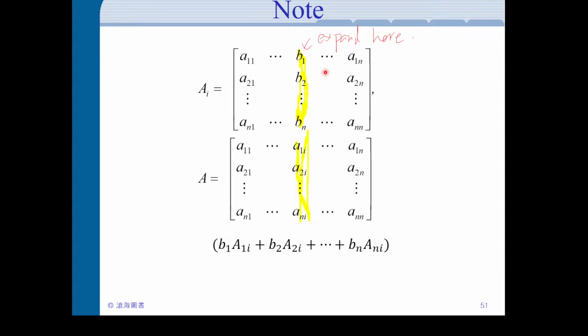So we see this matrix Ai has the ith column replaced by B here, and if we do the cofactor expansion of Ai on this column here, then we see that the elements here will be just those Bk, so B1 to Bn, and then the cofactors will be the same as the cofactors of A, because when you expand here, you delete this column, and the cofactors of Ai will be the same as the cofactors of A on those columns. So it's just A1i, A2i, etc.